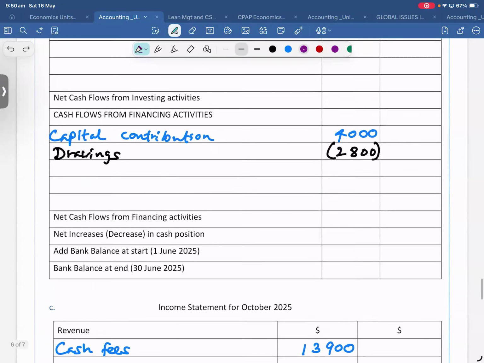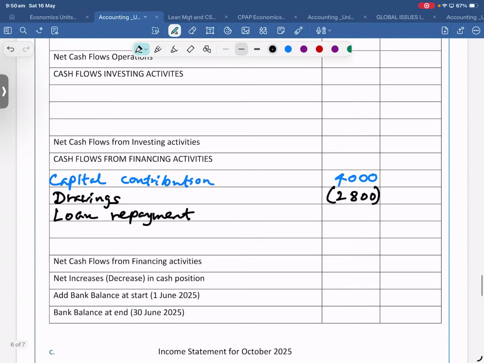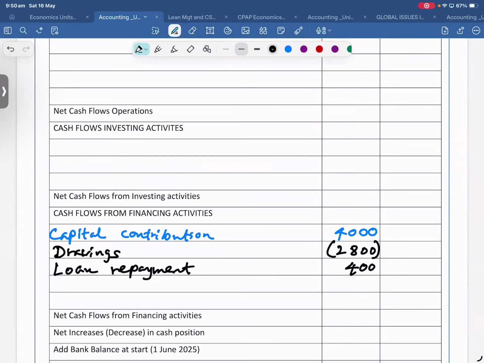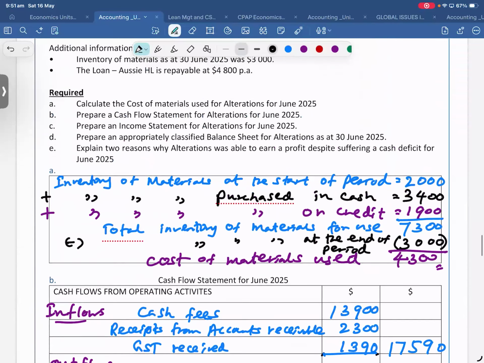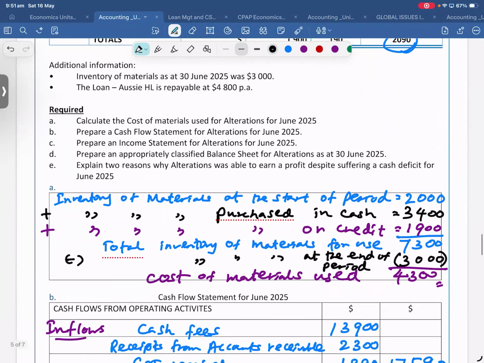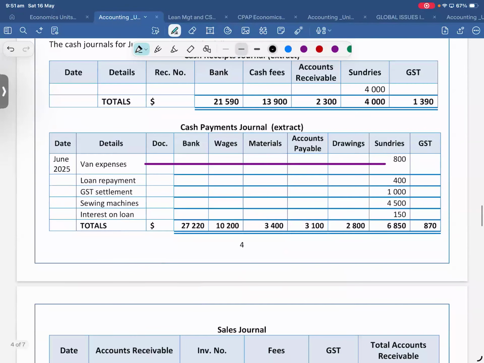In the outflow of financing, loan repayment, 400.